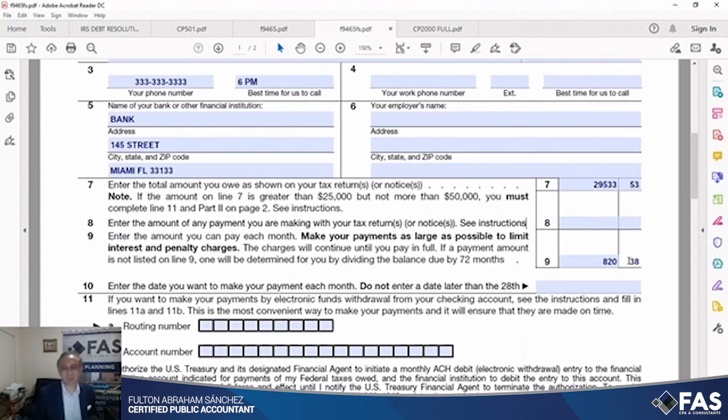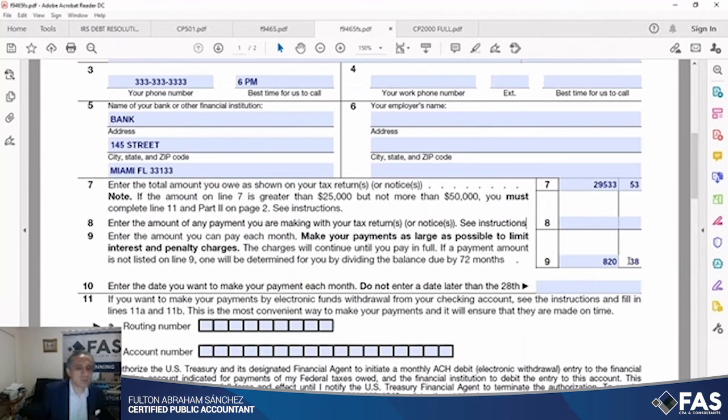It's a large number. At this point, if you are unable to afford this amount and you cannot provide that money to the IRS, you have two options.